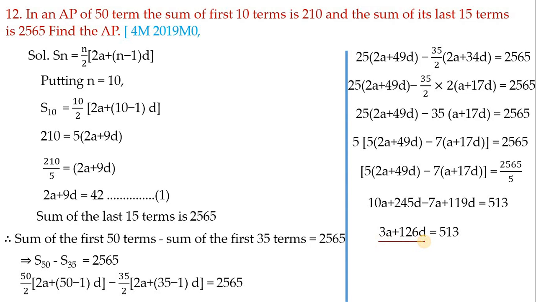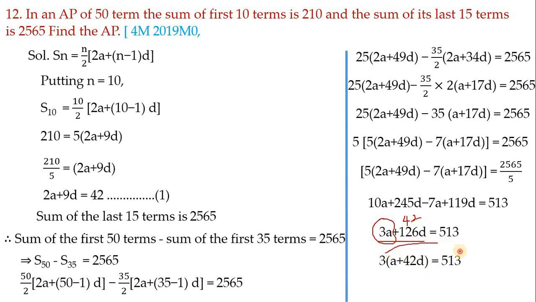Next let us simplify this. Here we can take 3 as a common factor. If you take 3 outside, in this place what is left out? A will be left out, and in this place how much will be left out? 3 4s are 12 and 3 2s are, so 42d will be left out.